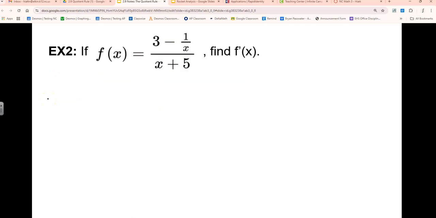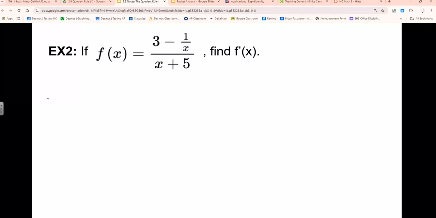All right, let's try another one. Copy this one down. There's so many things I can think about doing here.